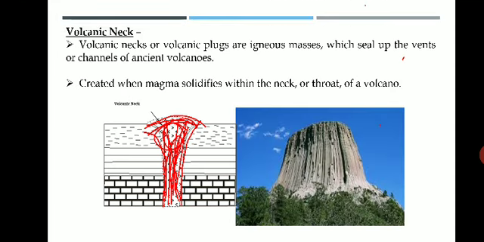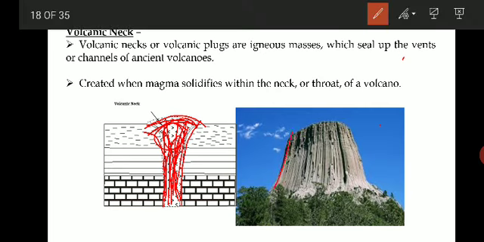So this is called Devil's Mountain, not valley, Devil's Mountain, wherein you can see there was a volcanic eruption, and later that channel or vent of the volcano was sealed up by the columnar lava, columns you can see.